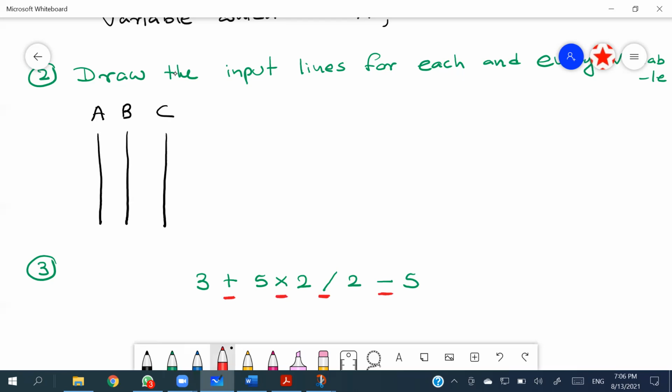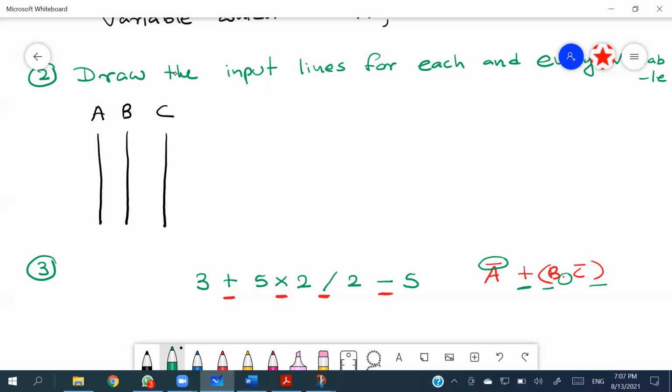Now, when it comes to Boolean algebra, our expression was A bar plus B dot C bar. In this expression, we have operators too. Bar is one operator, plus is another operator, and dot is another operator. As well as the brackets, they should have a priority as well.